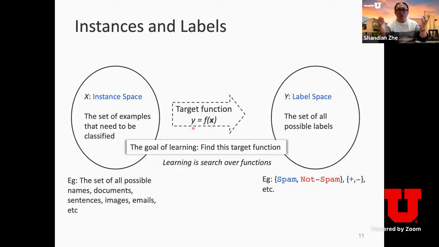So, of course, if you want to find this target function, we need to define the range to search, right? We need to define what kind of functions are likely to be the target function, right? So essentially learning is a search procedure. It's a search over candidate functions or function families.